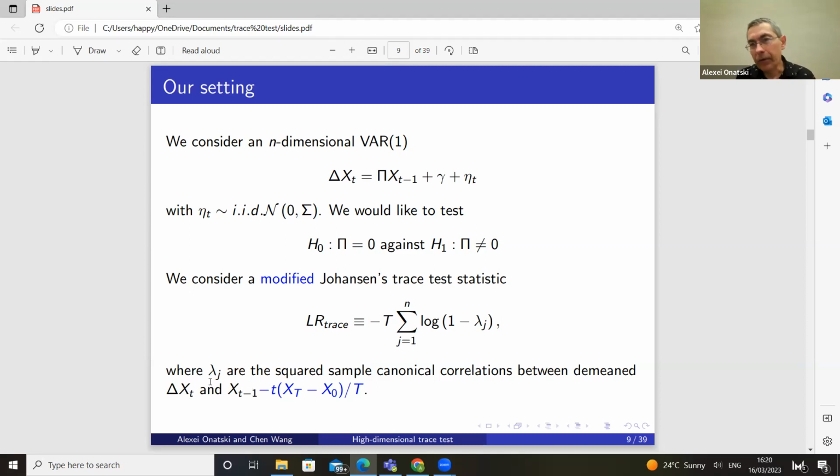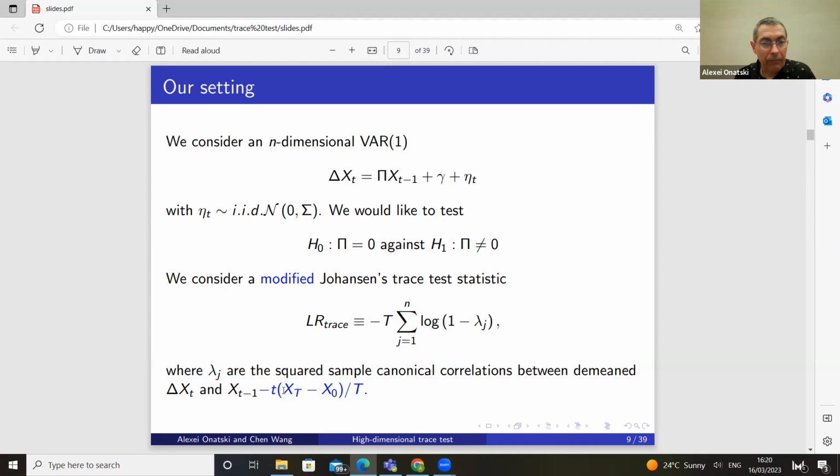Instead of considering canonical correlation between change in X and lagged level X, we detrend lag level X with particular detrending method. We take last observation, subtract the initial observation, divide by the total number of observation, and this is our coefficient on the slope on the trend.